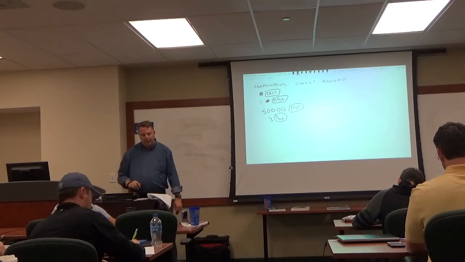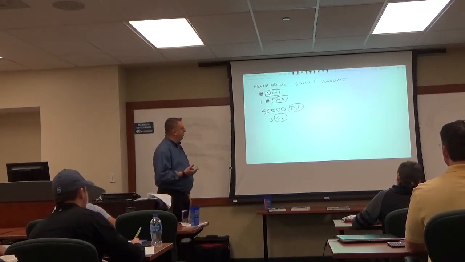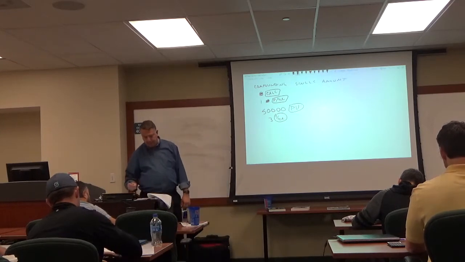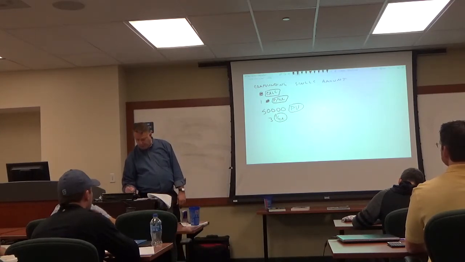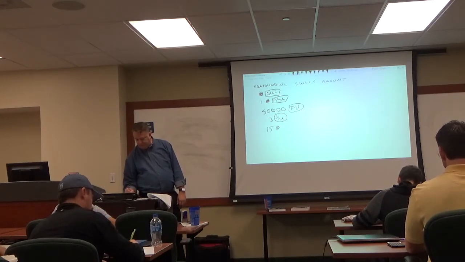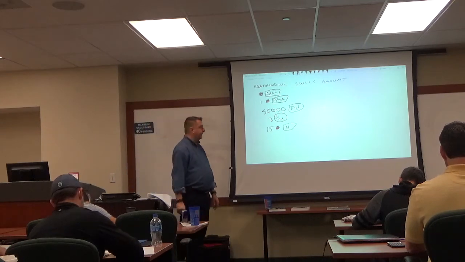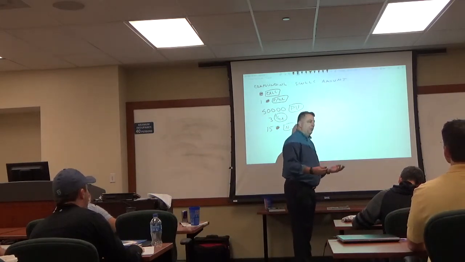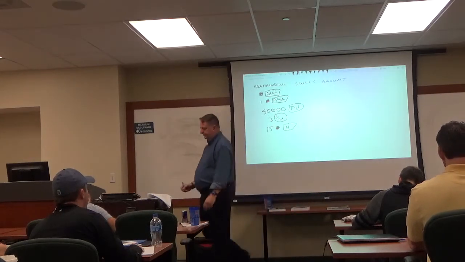And we also need to know the term of this investment. So in this case, let's say it's going to be 15 years. Okay? And then we're going to be solving for future value.